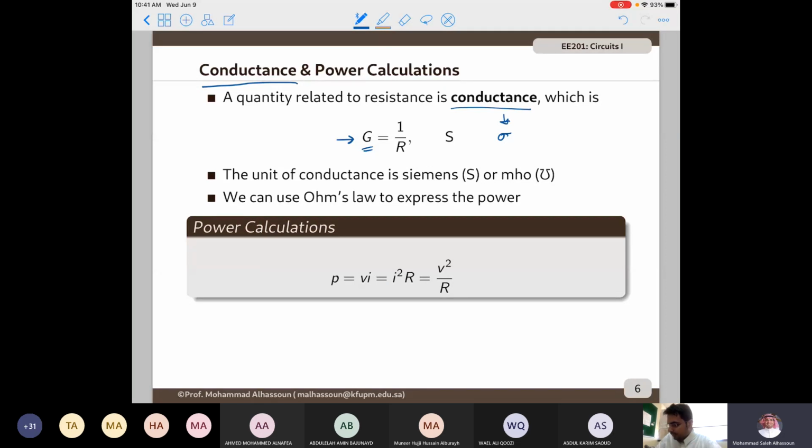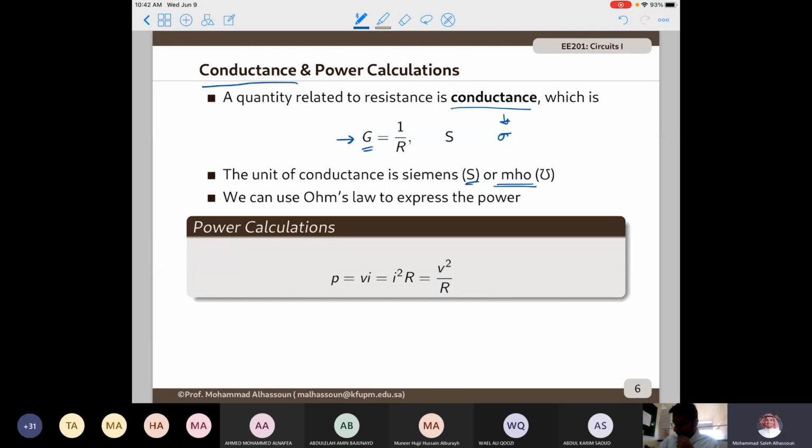Most of the time in this course we're going to use resistance, but if you're taking a class in semiconductors, we usually prefer working with conductance. The unit of conductance is Siemens, or S, or mho, the opposite of ohm. So this is ohm, but spelled the other way.